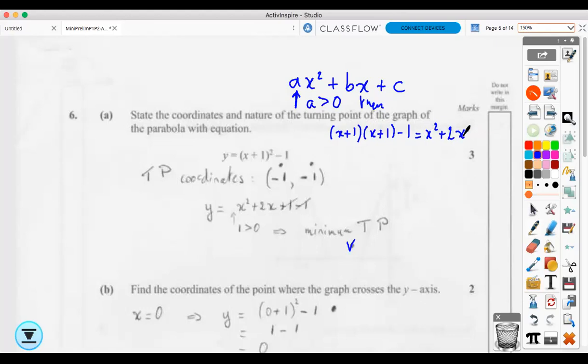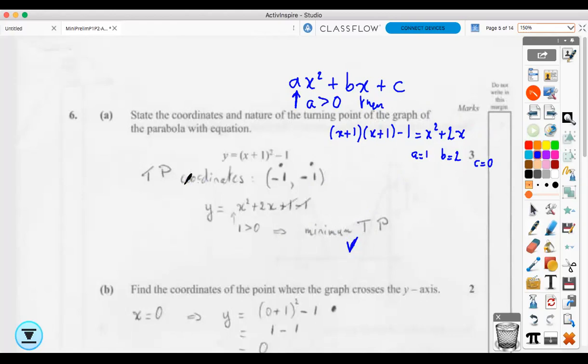So 1 minus 1 is just 0. So I've got here something with a equal 1, b equal 2, and c equals 0, basically. So I know I've got a minimum turning point. So if anything, if this is 3 marks, I should be getting this mark.